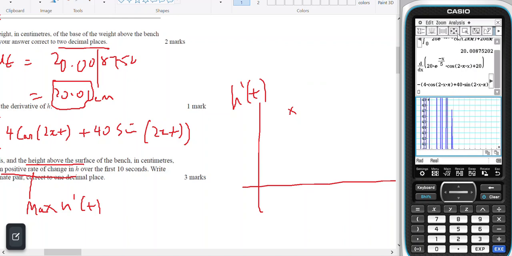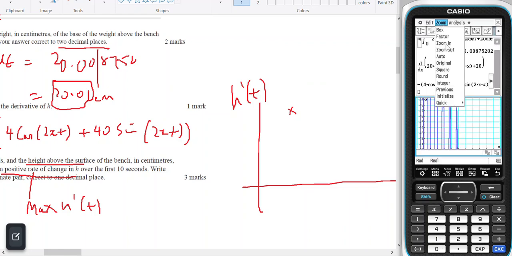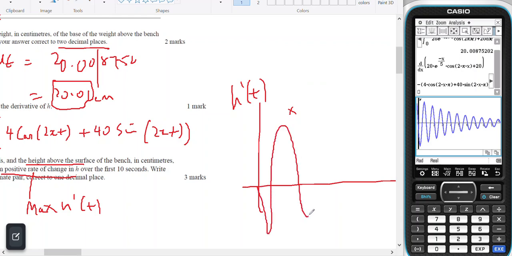Maybe I'll use zoom auto, so from 0 to 10, so -1 through to 11, and OK, then zoom auto. I'm looking for the first time there is a maximum positive, so I'm looking for this point here. It starts and goes down and looks like this.